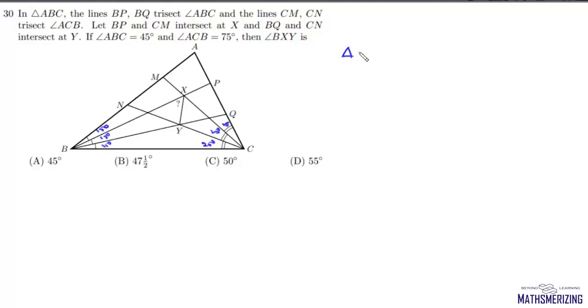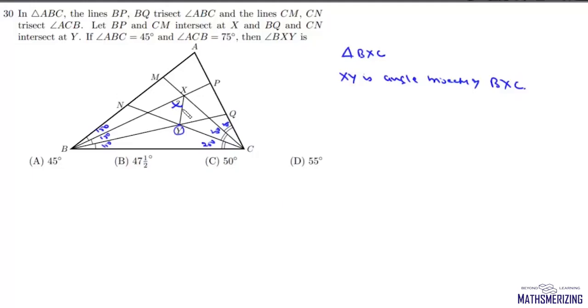Now we look at this triangle BXC. BY is the angle bisector of angle XBC and CY is the angle bisector of angle XCB. So this point Y is the point of intersection of two angle bisectors. That means this Y is the incenter, which makes this line XY the angle bisector of angle BXC.